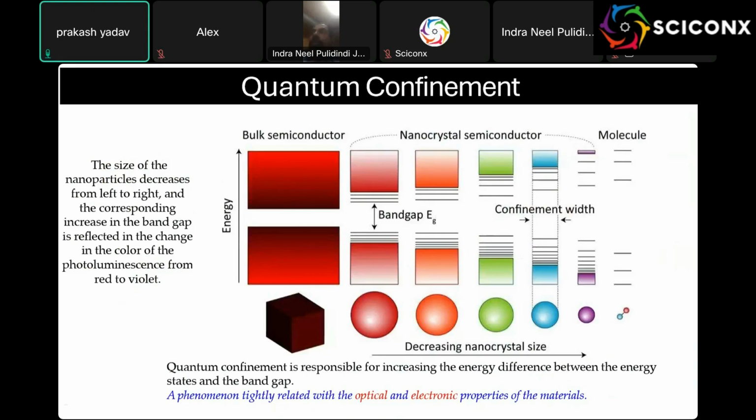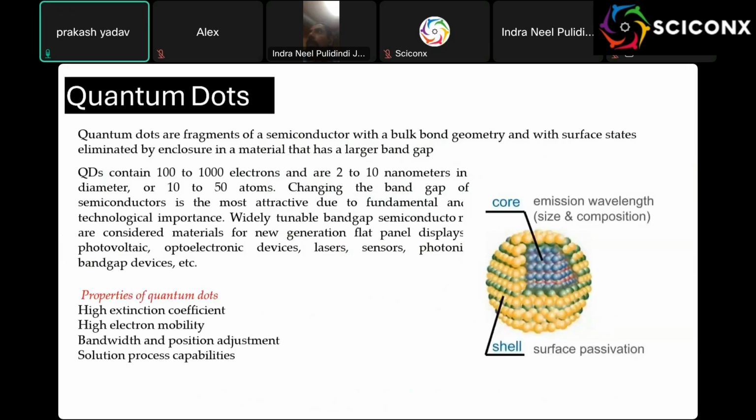But when the particle size decreases, we get molecular type band structures, and there is a shifting of the bands. That's why the band gap increases in nanoparticles. This is the quantum dots. Any question?